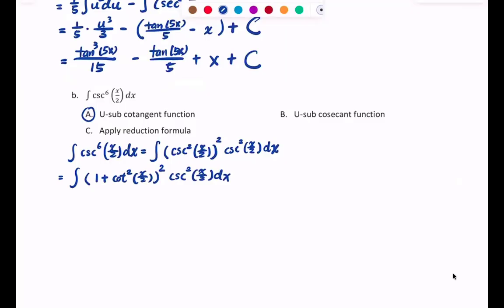Okay, so now we are ready for the u sub part. We u sub cotangent.